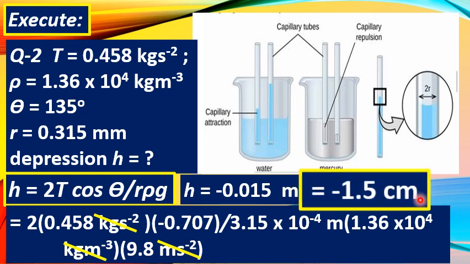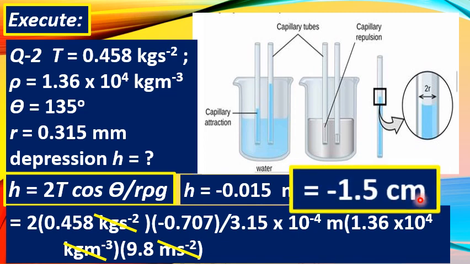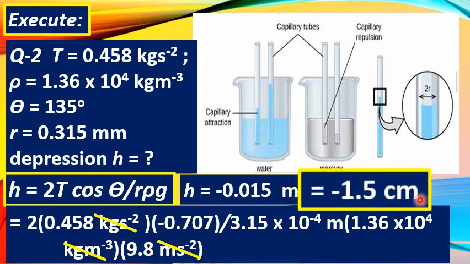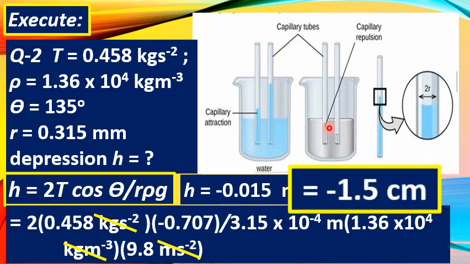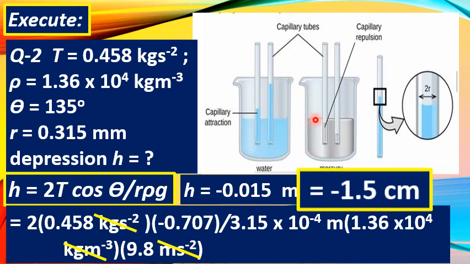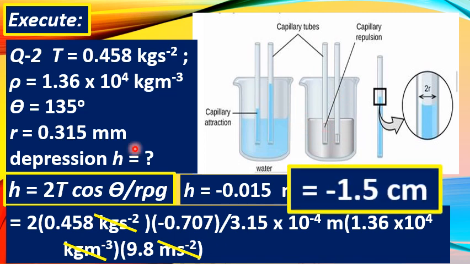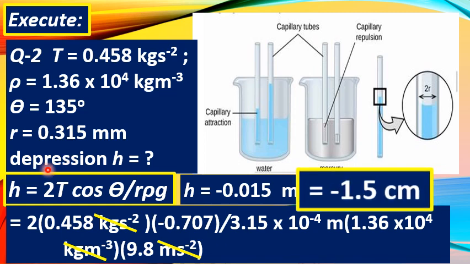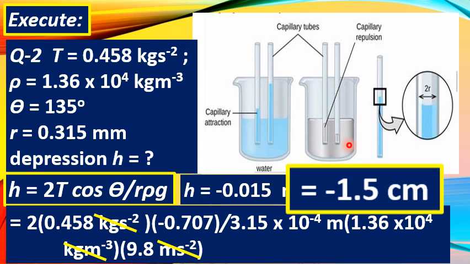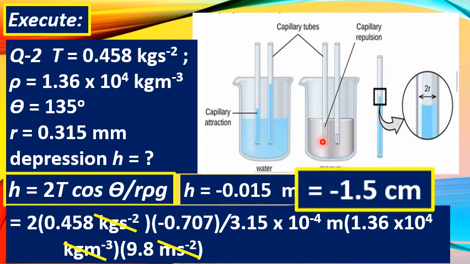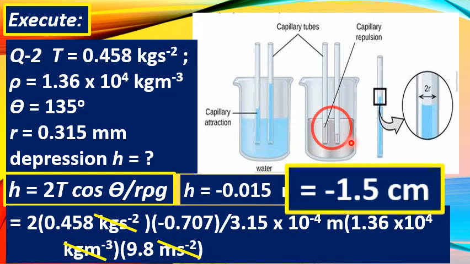It is negative because the mercury inside the glass tube has dropped below the reference mercury level outside the glass tube. That's why we call it the depression of the liquid mercury inside the capillary tube.